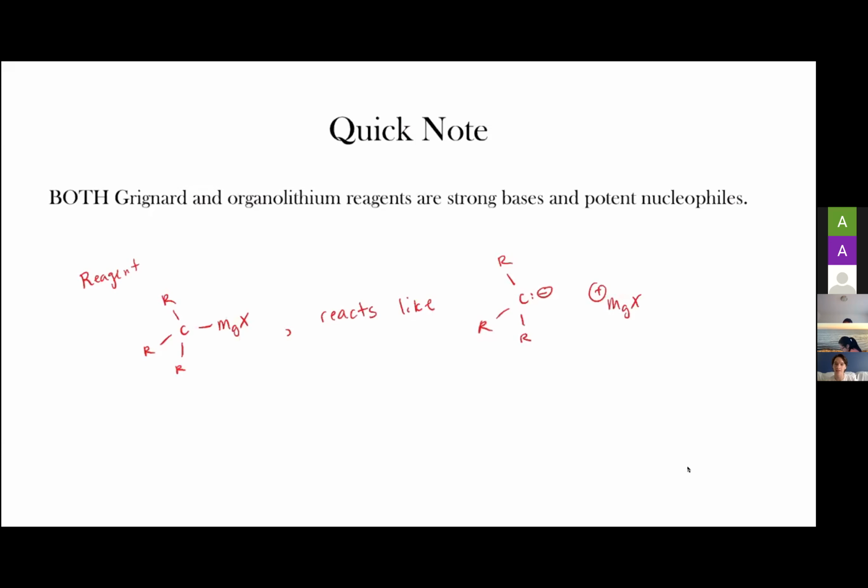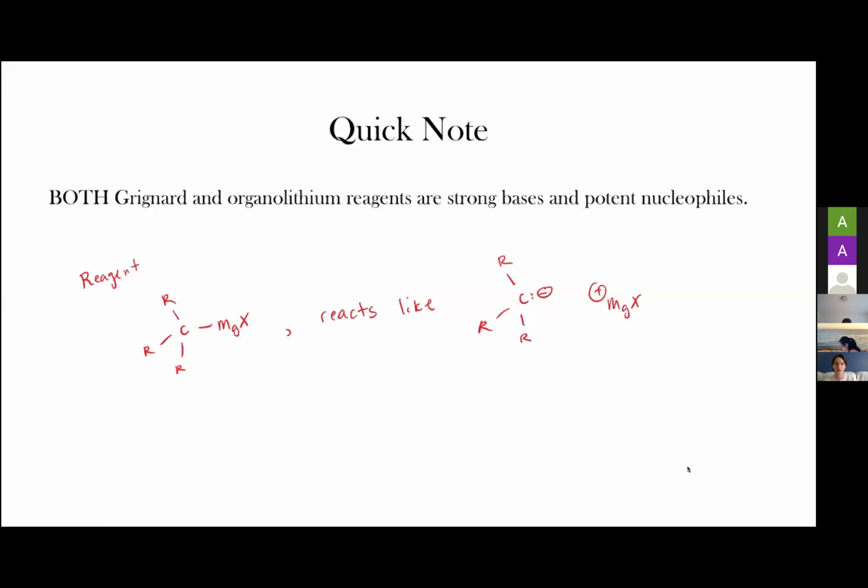So it's reacting as if there's a full negative charge on the carbon, right? So it's reacting as a carbanion, and those are highly reactive. And that's what makes these reagents so effective in accomplishing what they need to accomplish. Now, first, are there any questions on anything so far?